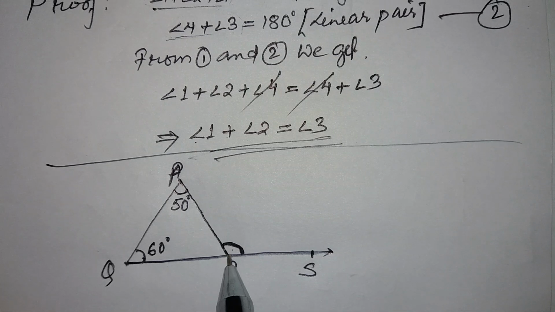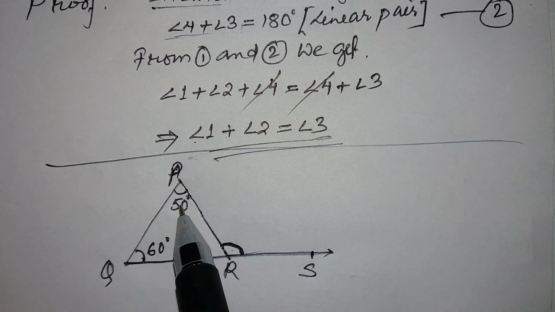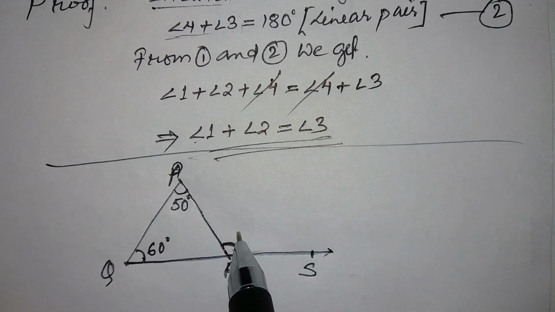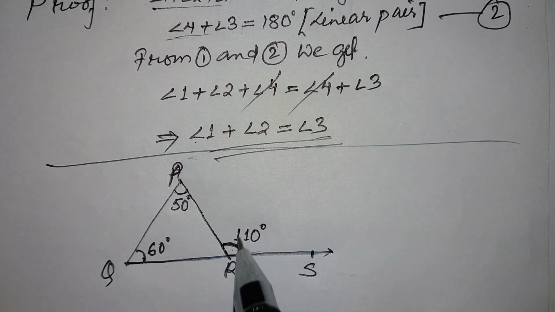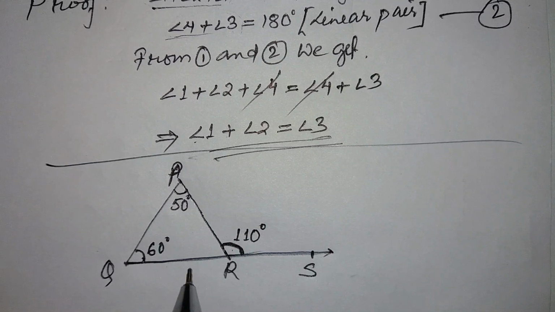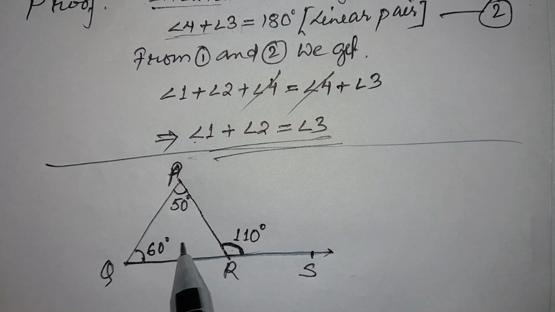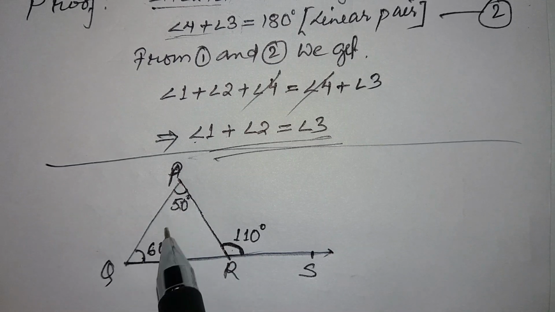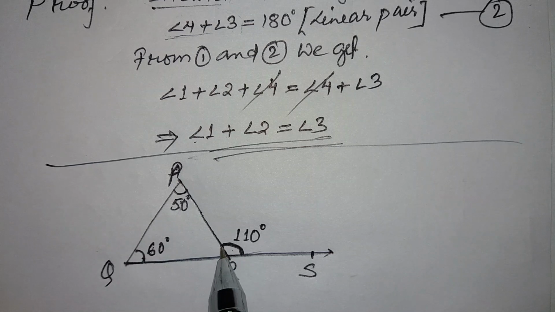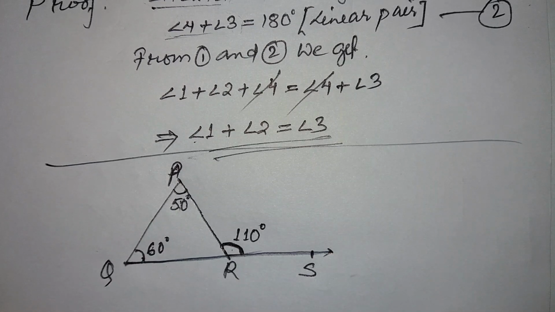The measurement of this angle must be 60 plus 50, which is 110. That is what the exterior angle property says.